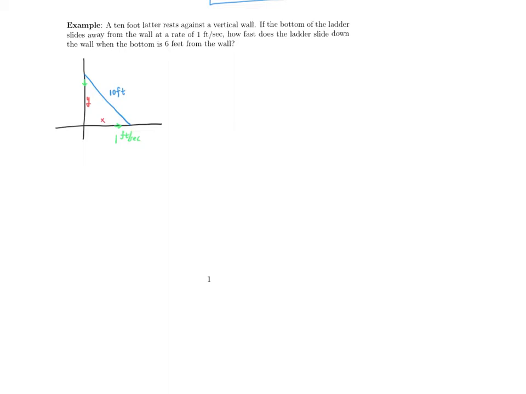Now what we want to do is think about what we know and what it is that we want to find. As I mentioned previously, this is something that I need to see in each and every related rates problem. The reason for this is, in order to solve this problem, we are going to need to be able to identify what information is given and what it is specifically that we want to find.